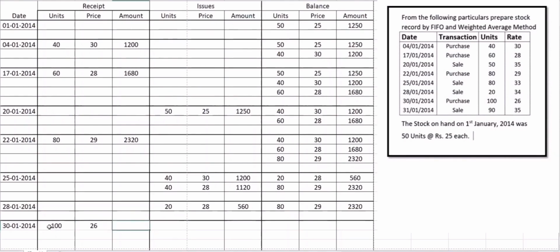How much amount have we paid for the same? 2600. At the end of this day, we will be left with the earlier 80 units at the rate 29 rupees per unit, that is 2320. And today's bought units, that is 100 units at the rate of 26 per unit, that is 2600 rupees.